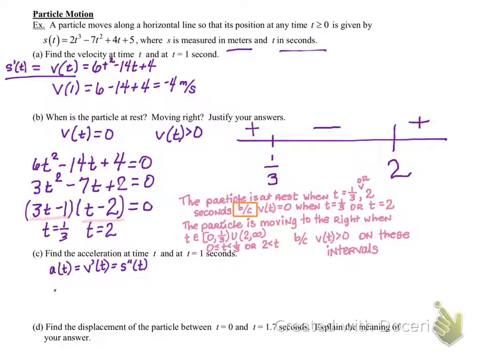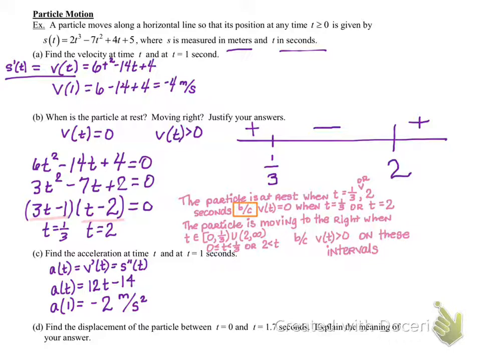And your acceleration will be 12t minus 14. Specifically, we're asked to find the acceleration at time 1, and that would be negative 2 meters per square seconds.